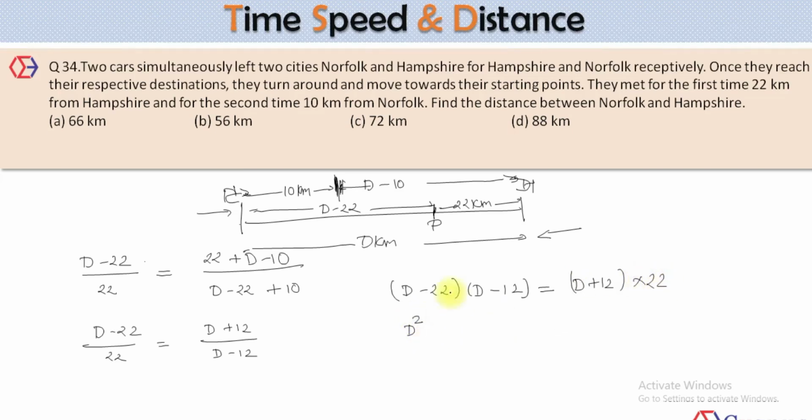You get d square minus 22d and minus 12d, that is minus 34d, and then plus 22 into 12. On the other side this would be 22 into d, plus 12 into 22. I can easily cancel out these two terms. So I'll be left with d square equal to 34d plus 22d, it becomes 56d. So one d will be cancelled out. I'll get d equal to 56 kilometers. So my answer becomes the second option.